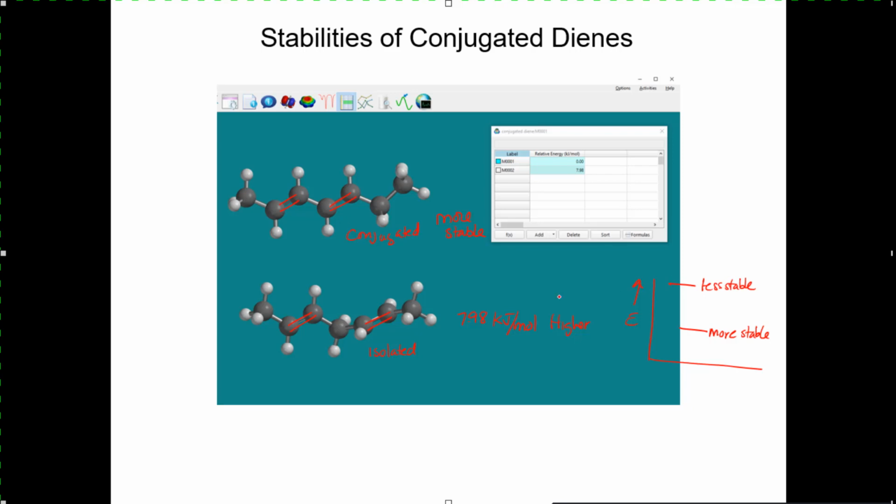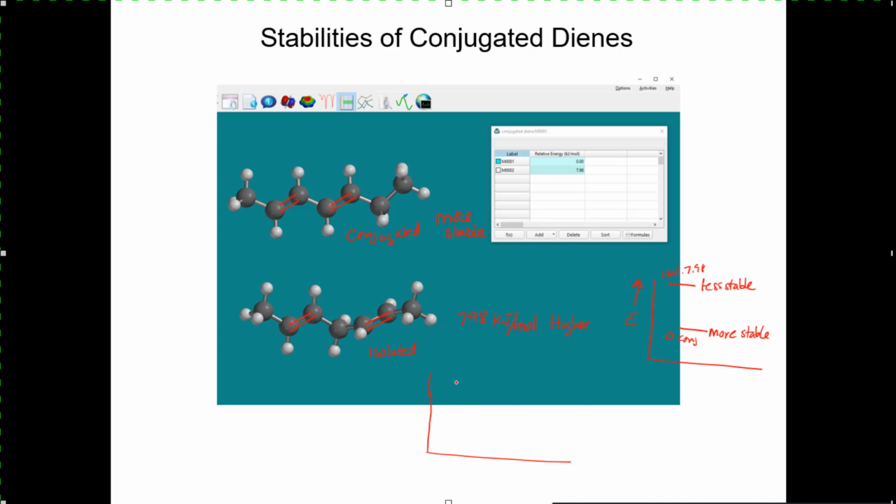In this case, I set the conjugated system to be 0, and the isolated system ended up at positive 7.98 kilojoules per mole, higher in energy. That means the isolated system is less stable by 8 kilojoules per mole. Is 8 kilojoules per mole a lot? We'll talk about that in a case study in the lab later on. But clearly the more stable in this case is the conjugated system.